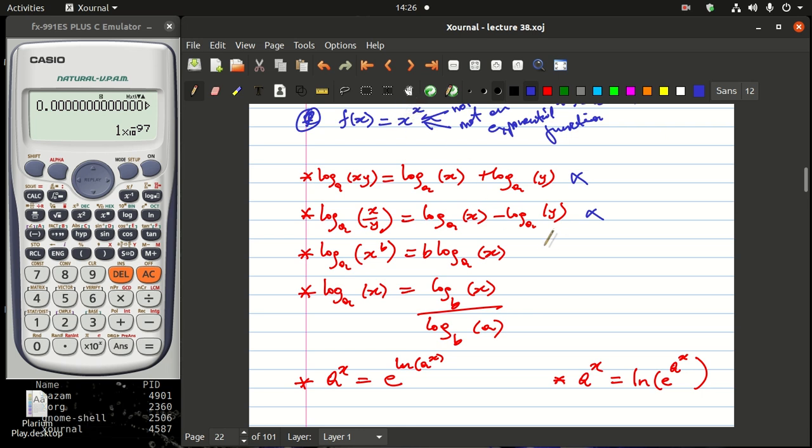But once we do that, we will be forced to differentiate on both sides using implicit differentiation.